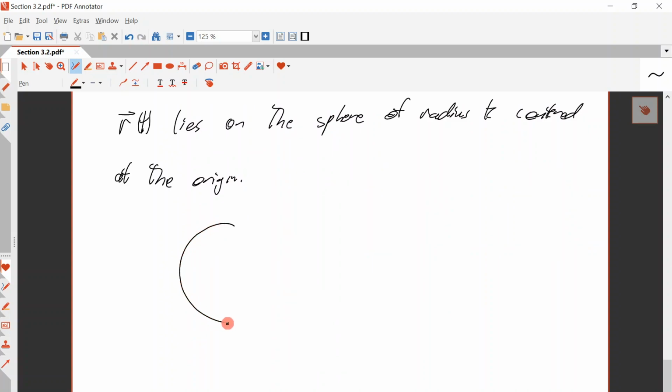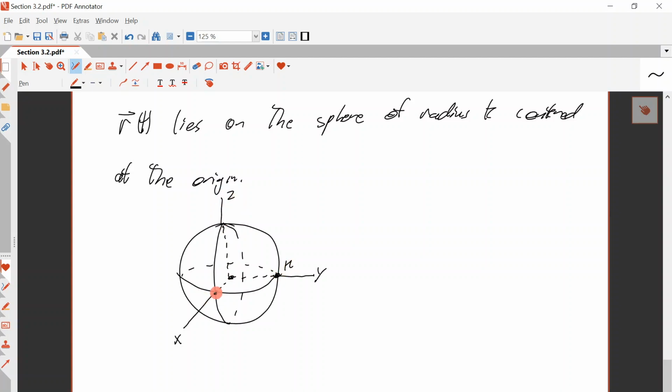Alright, so here's the sphere of radius k, centered at the origin of xyz space. So there's the y-axis, x-axis, and z-axis, and these are the coordinate k on each axis, and then r of t is somehow on the sphere.